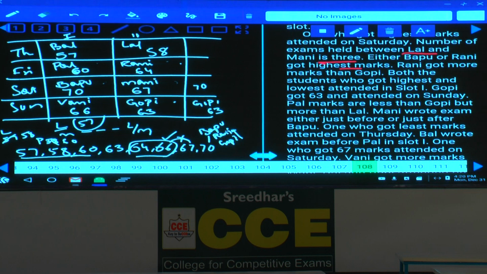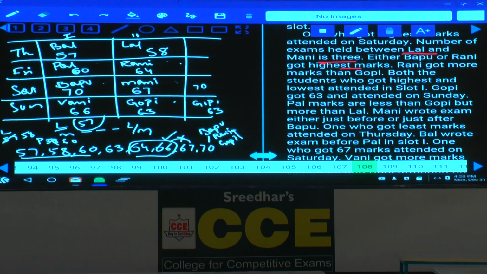Now this is about question numbers 108 to 112. Then after this, 113 to 118: 113 and 114, these 2 questions are based on directions.